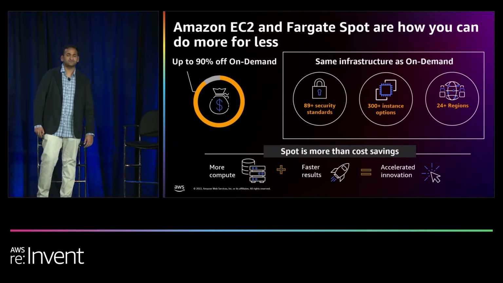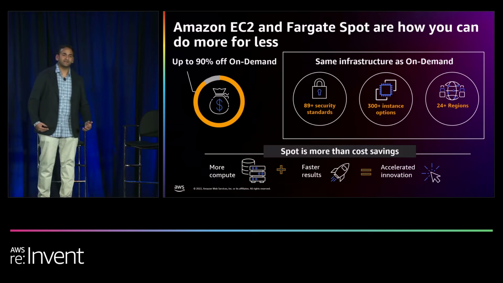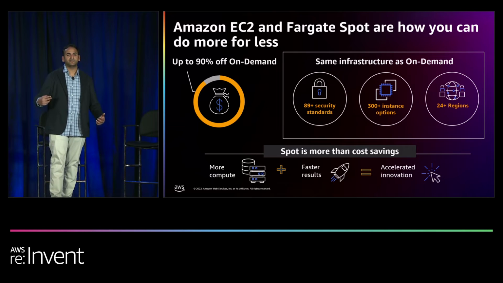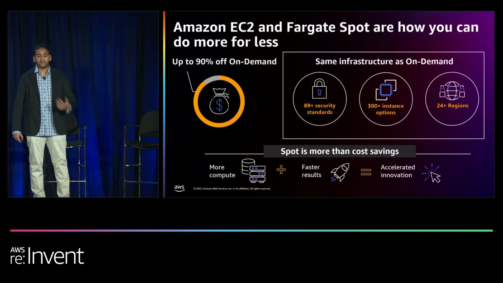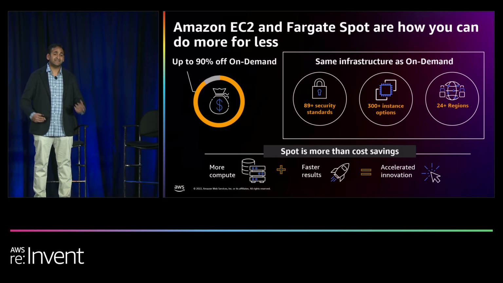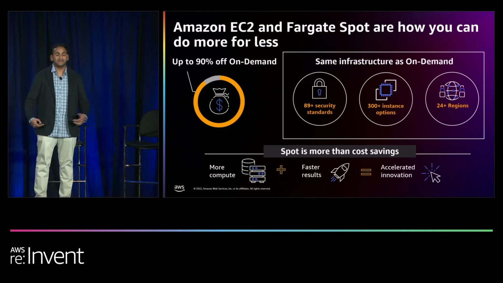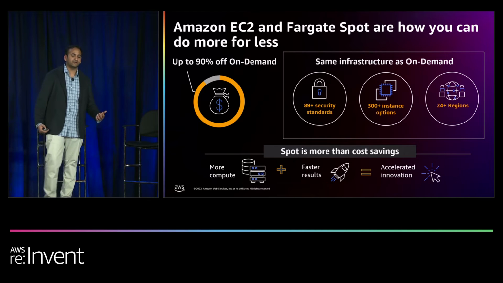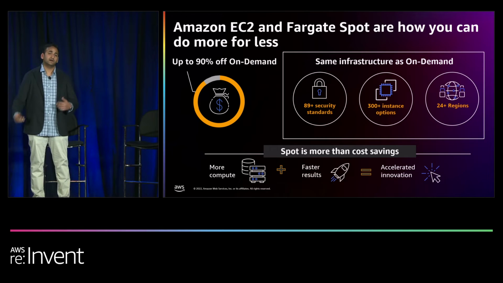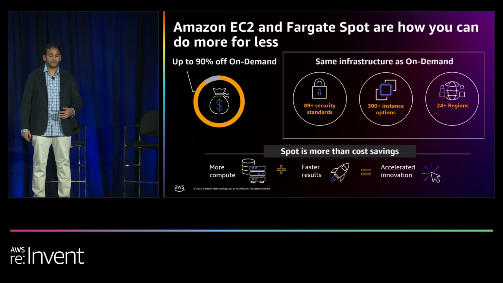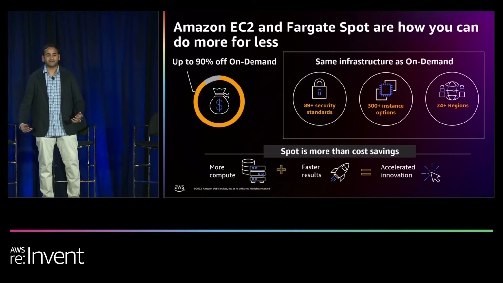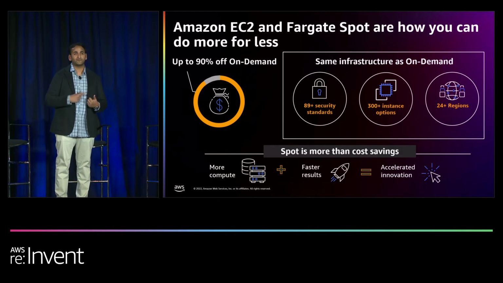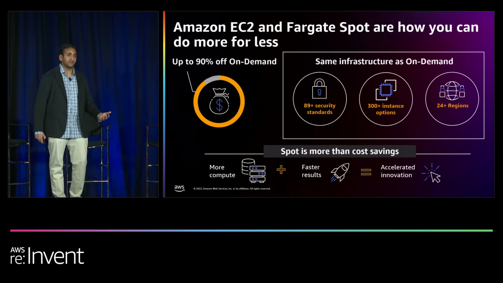Moving on. Spot capacity is spare capacity in AWS data centers, which is made available via Spot. EC2 and Fargate Spot is how you can do more for less. It offers up to 90% off on demand, with the same host of instance types, and the same number of SKU types on Fargate. What this means is you can save by running your applications which are interruptible.